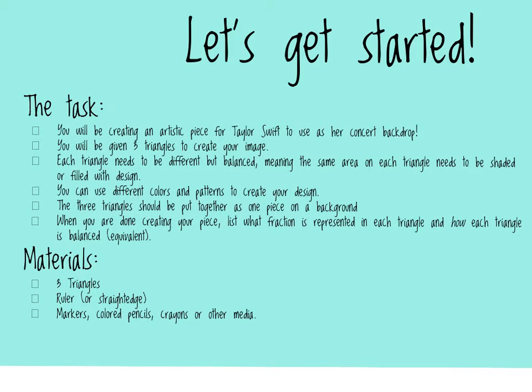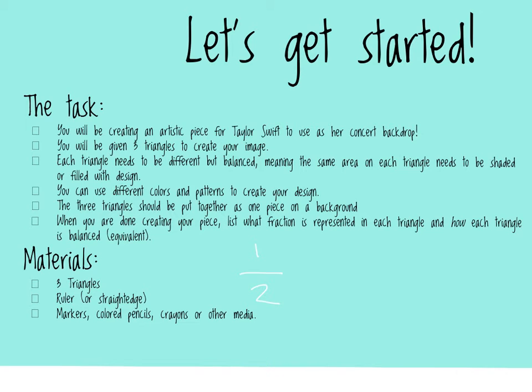And then 2, we're going to make sure that the part that we shade or put pattern in or texture, you can design this however you'd like. We're going to make sure that the same amount is going to be filled in on each of the 3 triangles. So your first choice will be to make all 3 triangles have half shaded or filled in or with design.